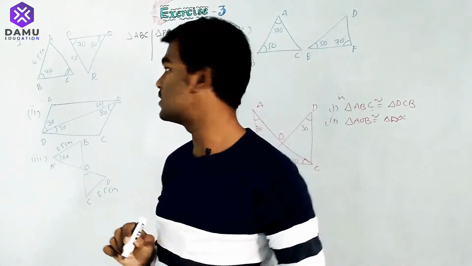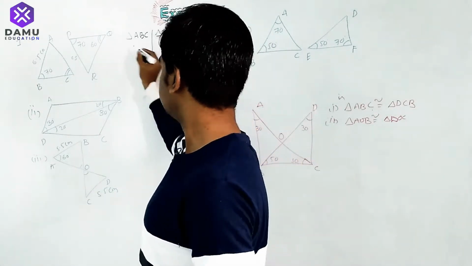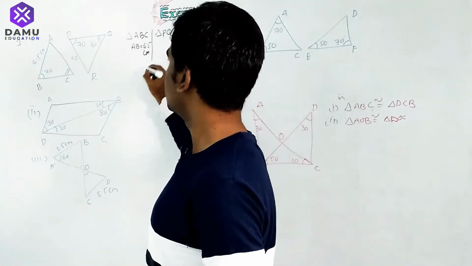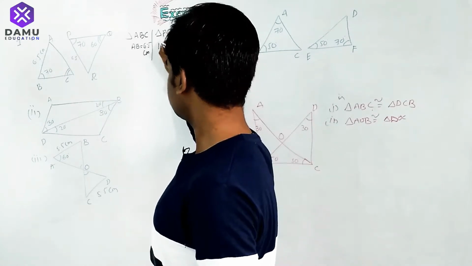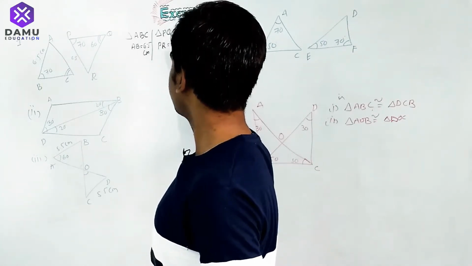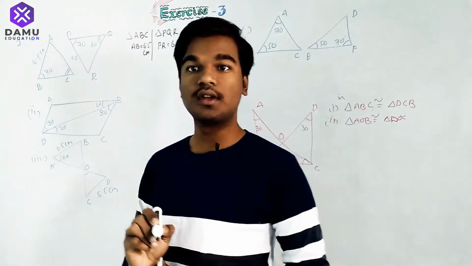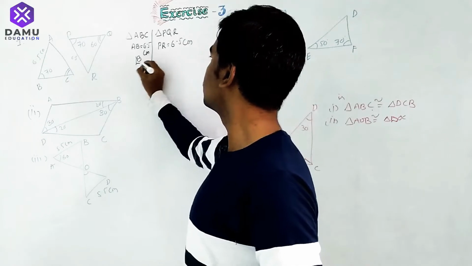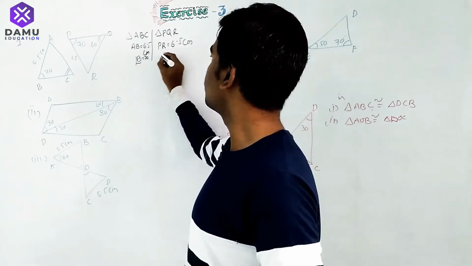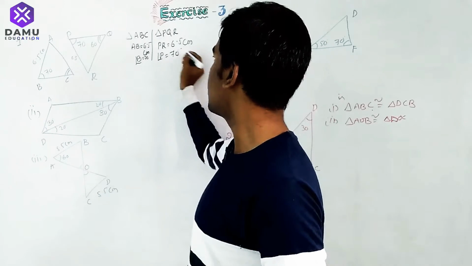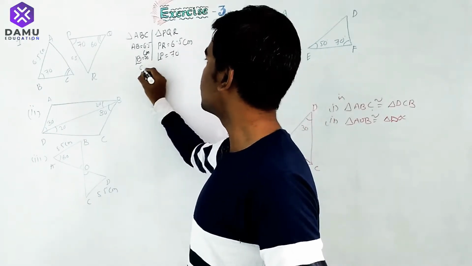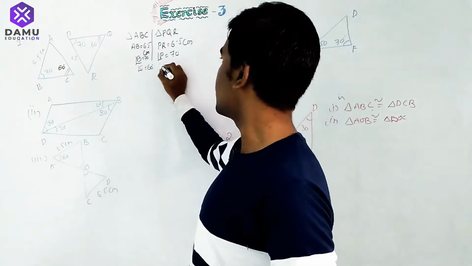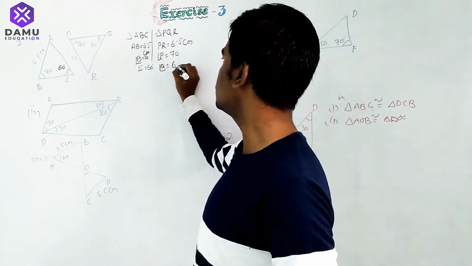Here, let's take AB is 6.5 centimeter, then PR is 6.5 centimeter. Then our next condition: angle B is 70, angle P is 70. Then angle C is given as 60 degrees, and angle Q is 60 degrees.